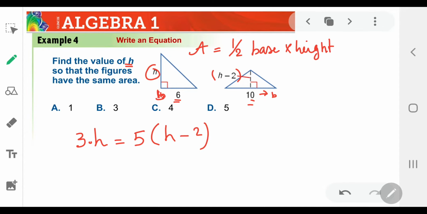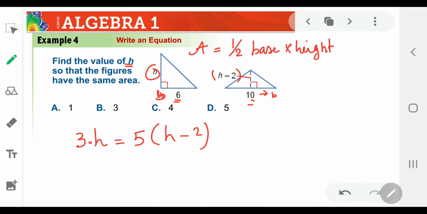This is the whole height, that's why I have to use brackets. So again, the area of the first triangle is half of 6, which is 3, times height h, equal to the area of the second triangle, half of 10, which is 5, times the height, which is h minus 2. To make both of them equal, this is the equation I wrote.